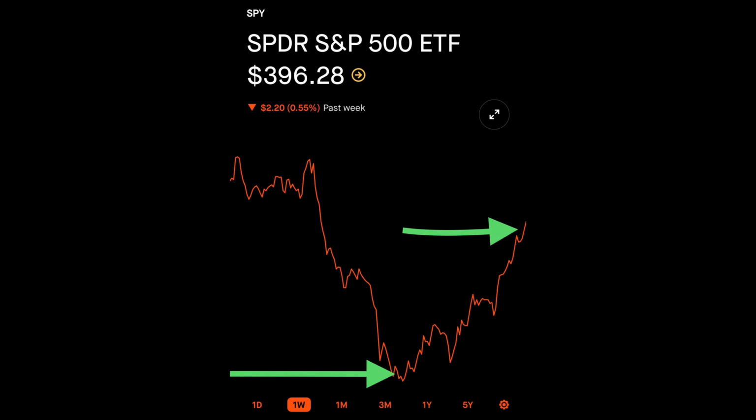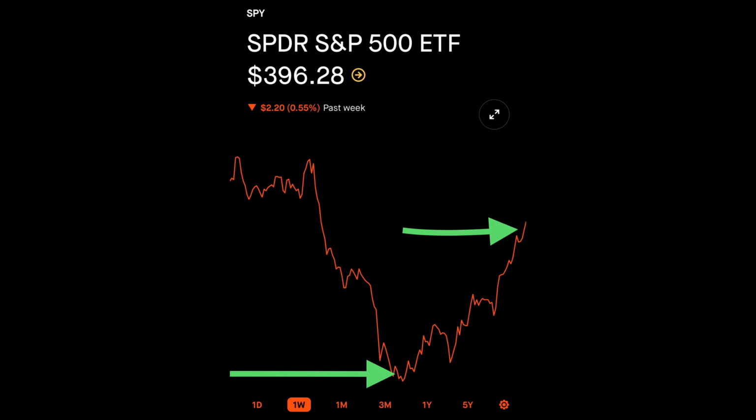The SPY was around 399, around that 400, but 400 had been a level of resistance. So once it hit the 400 area, you want to say to yourself, normally when we get to 400, this stock pulls back or sells off. And that's what it did.